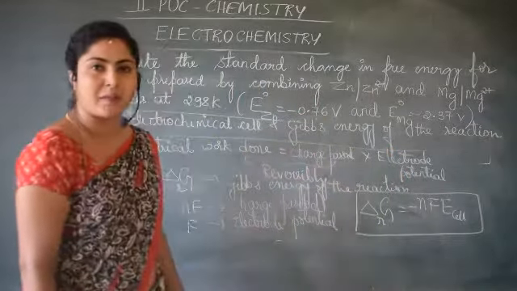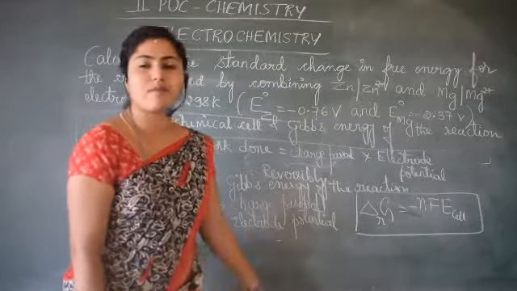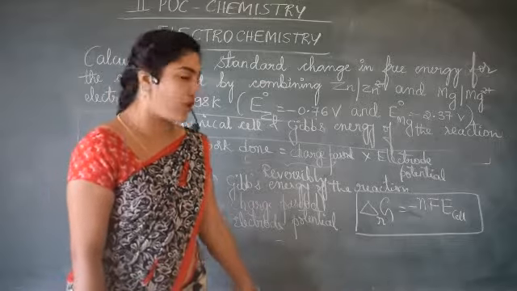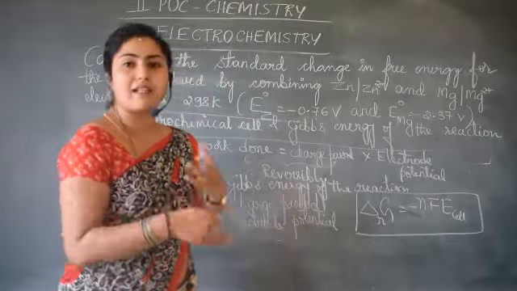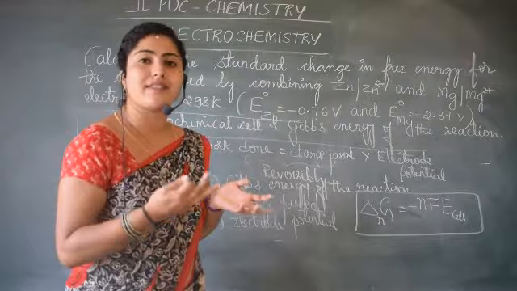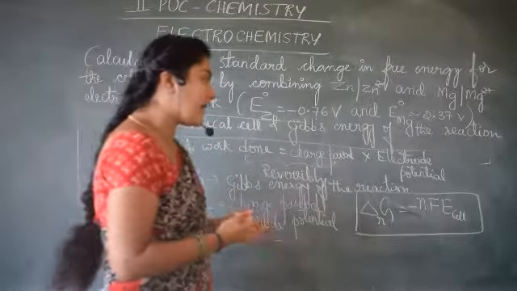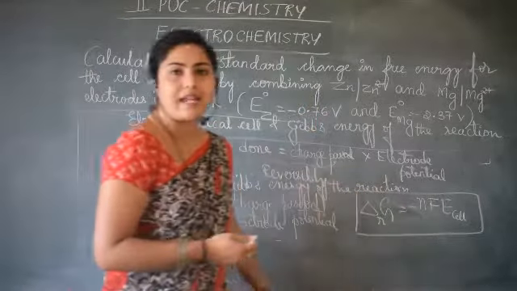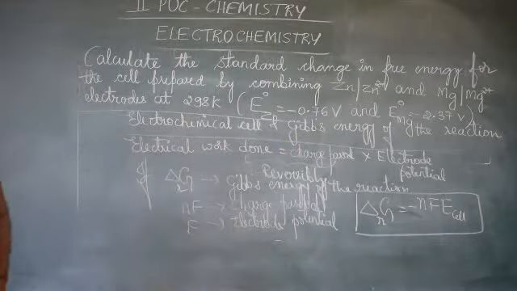A very important expression, because the numerical problems will be solved based on this. In standard conditions, when the temperature is 298 Kelvin, we write E cell as E naught of cell.